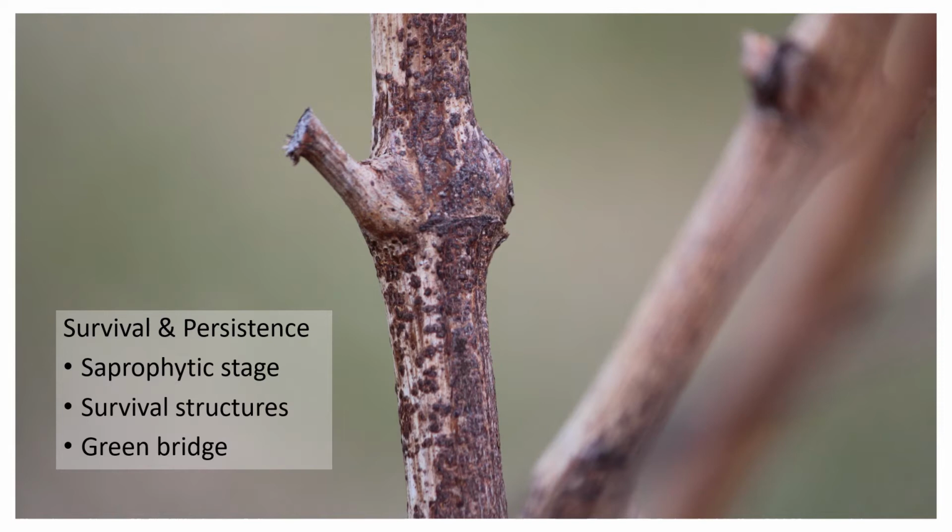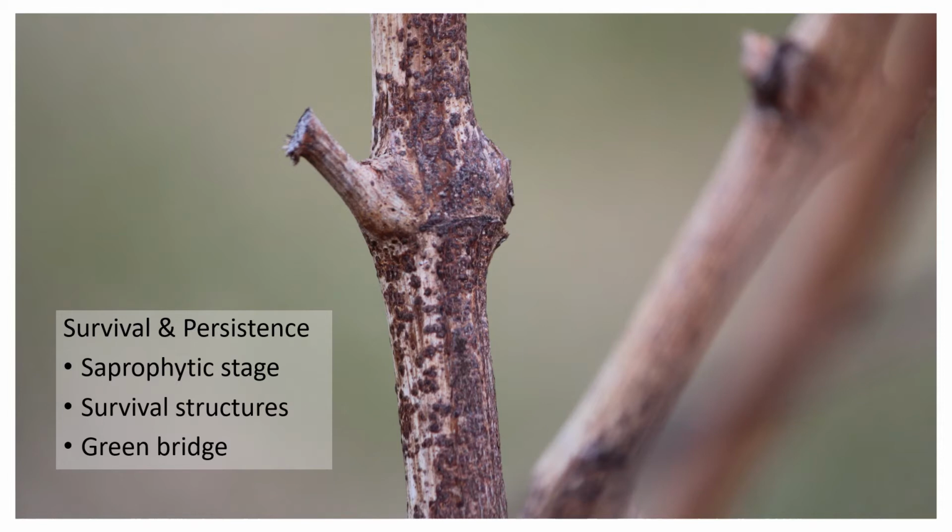If they are specifically pathogenic, they might develop some kind of survival structure to overwinter or to oversummer, or they may depend on another crop, whether it's a weed or another actual horticultural crop, to survive until the primary crop comes back into active growth or is planted to come back into the field.